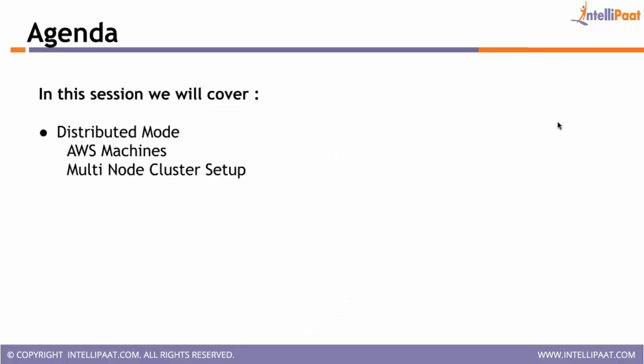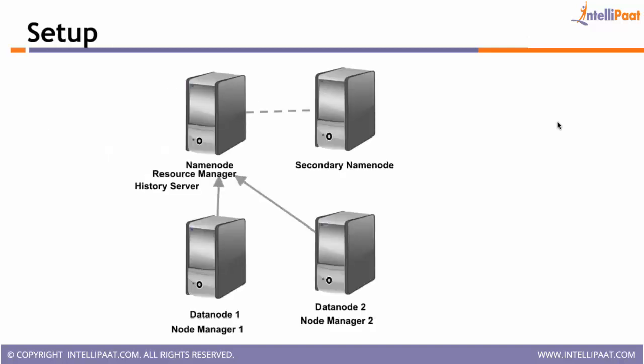This is a distributed cluster. In this class we will understand how to create these AWS machines and how to install Hadoop on these 4 machines. On the first machine we will install the name node, resource manager and history server, 3 services, 3 daemons or components essentially.